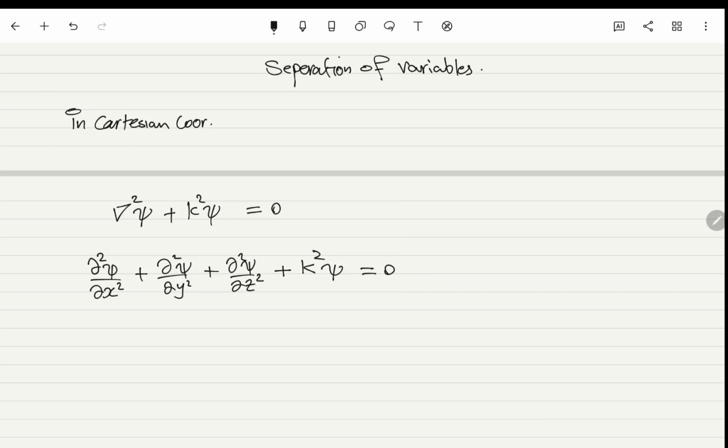Now let's assume that psi here equal to a function of x, a function of y, and a function of z.